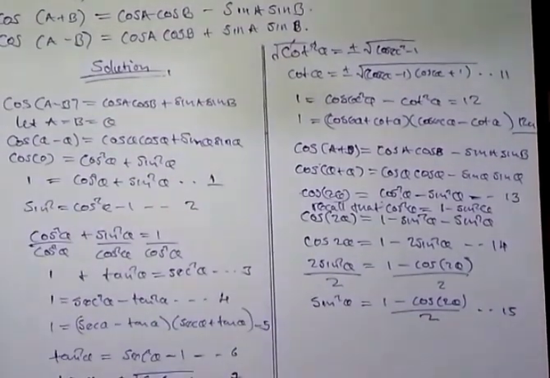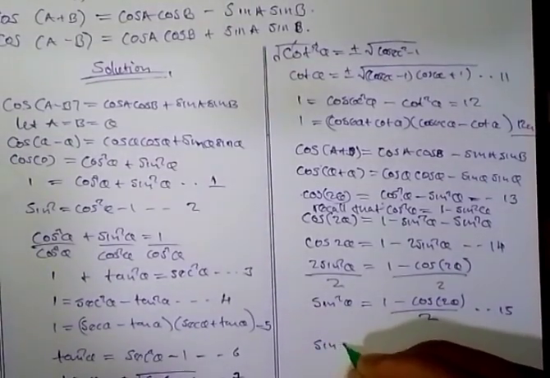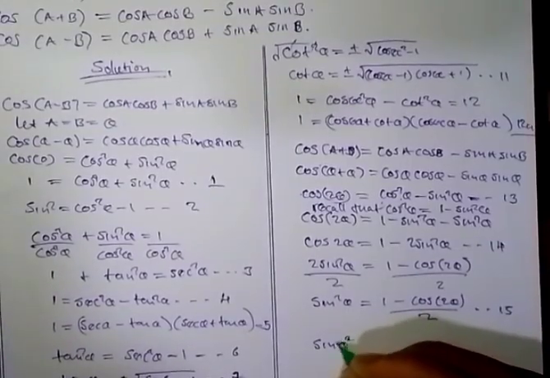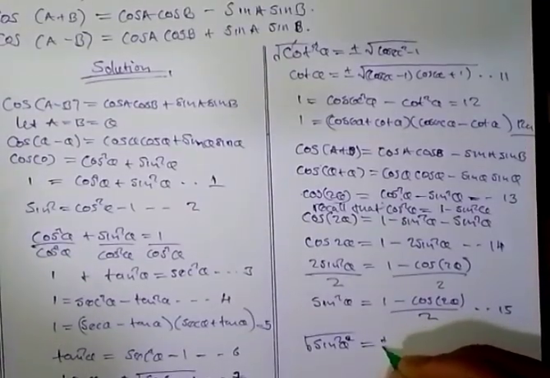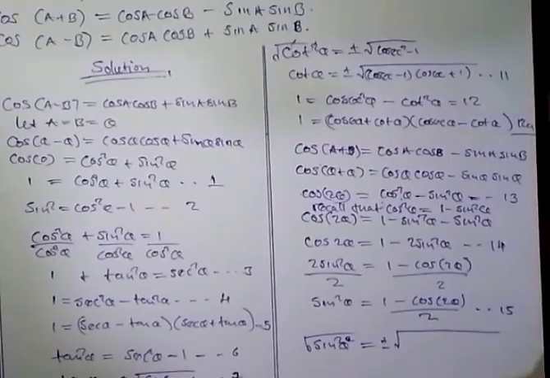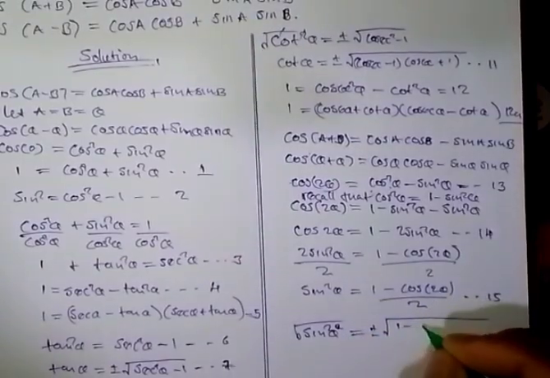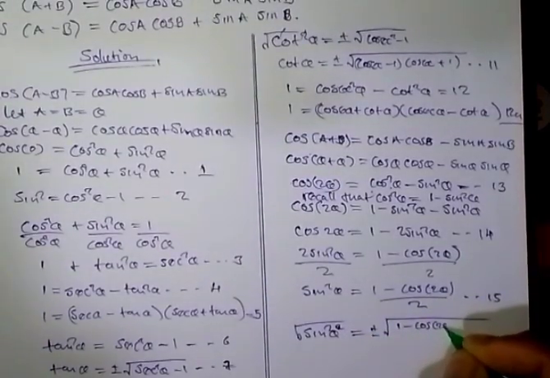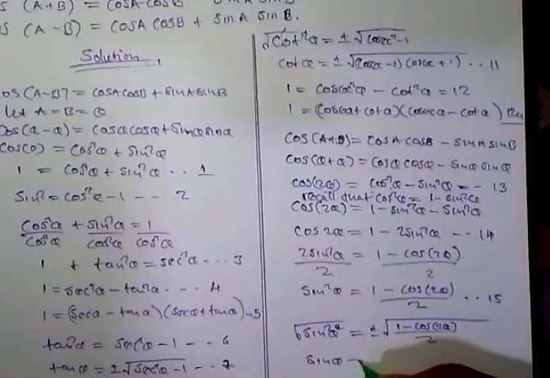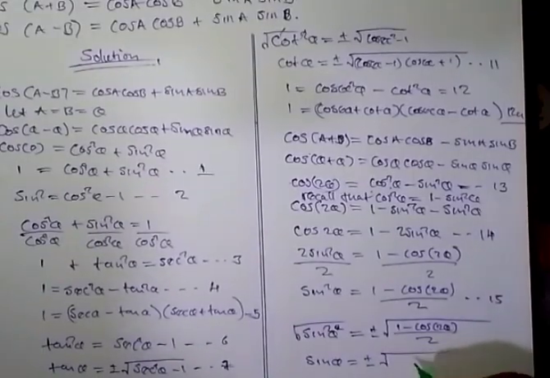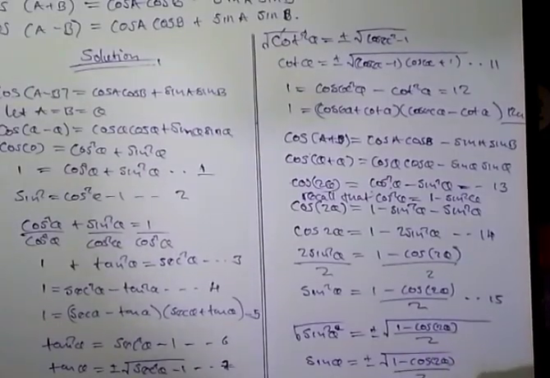Since this is squared, you can square root both sides, then you have plus or minus the root of 1 minus cos 2 theta over 2, and then we have finally sin theta is equal to plus minus the root of 1 minus cos 2 theta over 2.